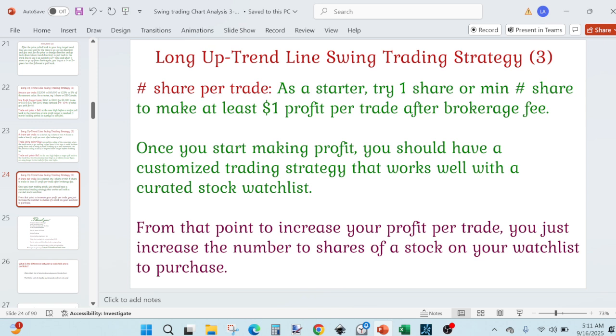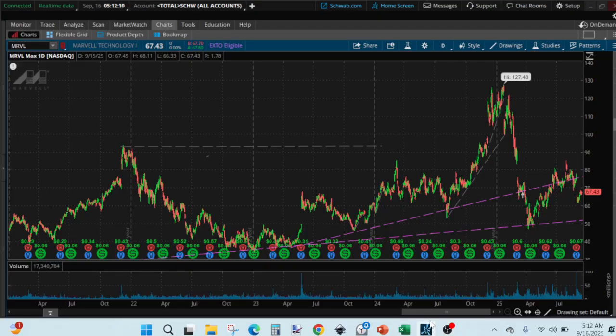And when you are in charge of your household, you have a job, you have a family to take care of, you have responsibilities, you may not have a lot of time to dedicate to trading. So I found the uptrend swing trading strategy to be right for me personally, in the sense that you are not going to buy stocks every day, and you are not going to be selling stocks every day.